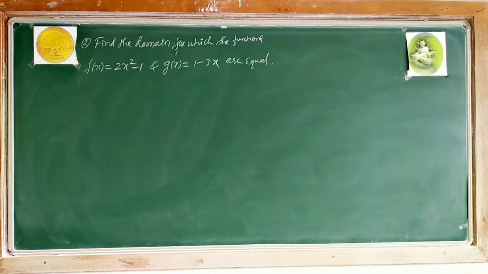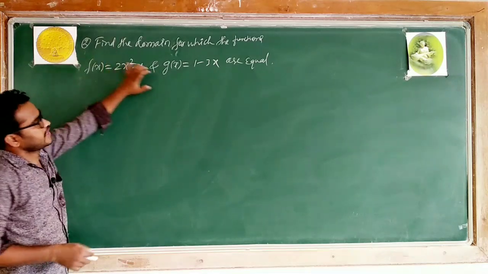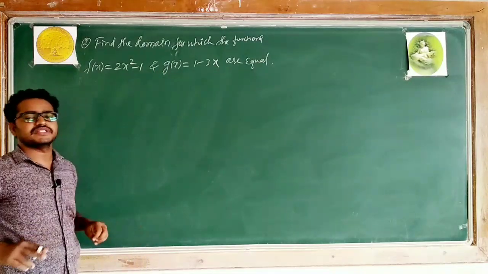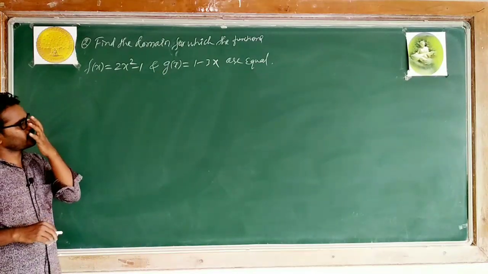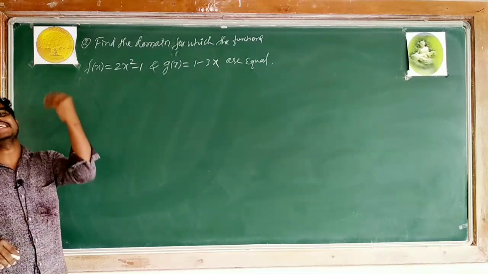According to this, f and g are two functions given, but he is saying those two are equal. Means when these two are equal, find the domain. Domain means you have to find x values.